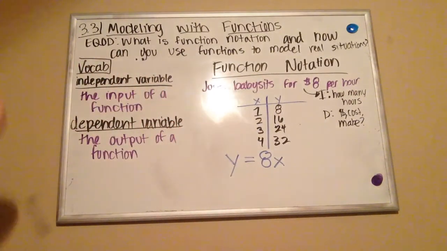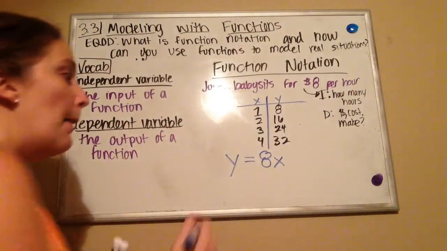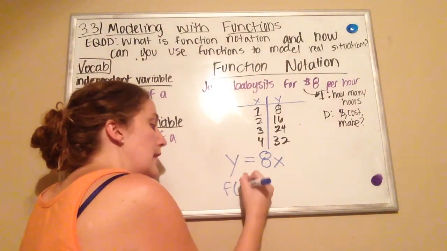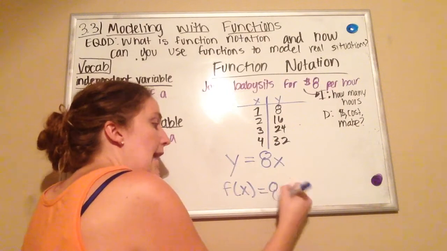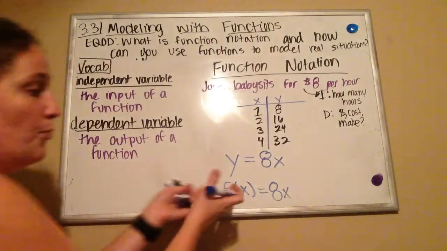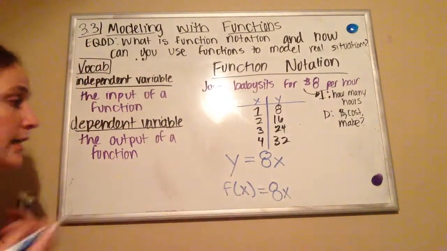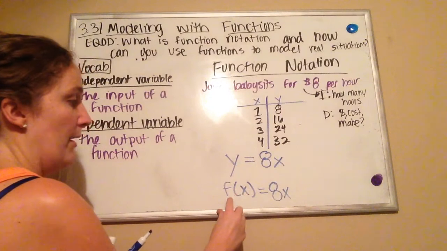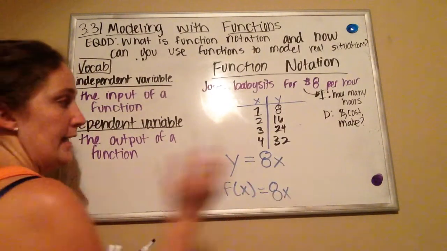So that's the equation we would use. But a lot of times we don't use this y. What we use is something that is f of x. And that means it's a function of x. You put in an x and you get a value out. So it's saying, what happens when I put this x into my function? The 8x being your function.